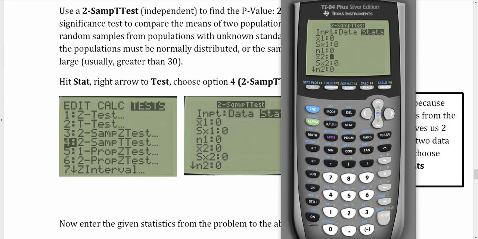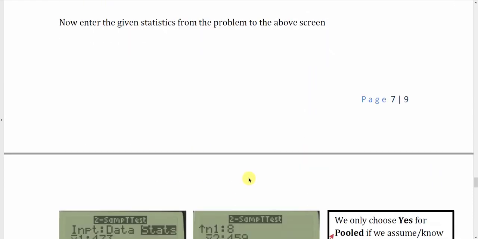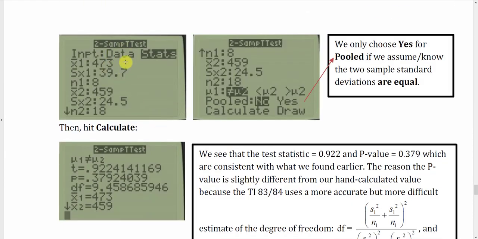Okay, so we enter everything from the given data, and we also pick the alternative hypothesis to be different, right? The H1 is different. Now we pick the pool to be no. Why? We only choose yes for pool if we assume the two sample standard deviations are equal.